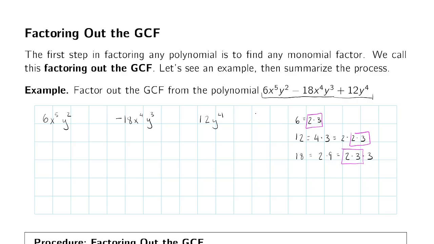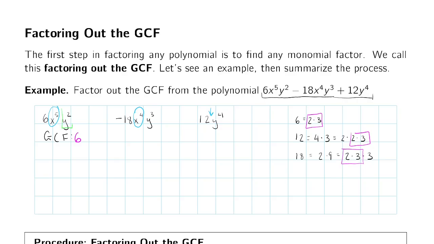So my GCF, I'm going to have 6 for my coefficient. And then looking at x, I have an x to the fifth, an x to the fourth, and no x at all. So I have no x at all in my greatest common factor.